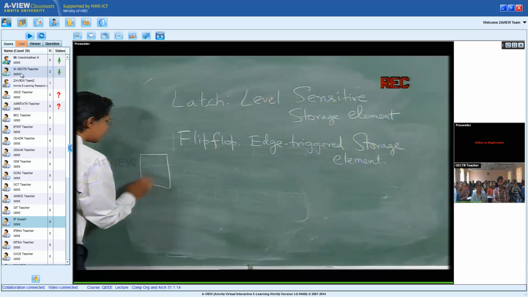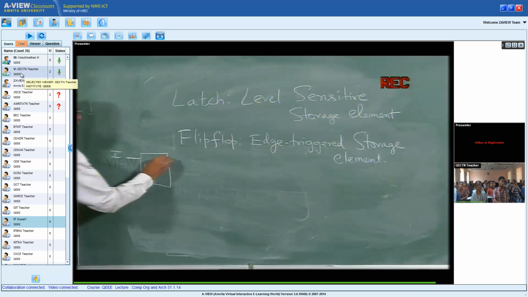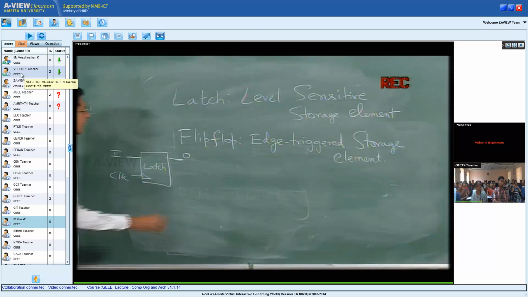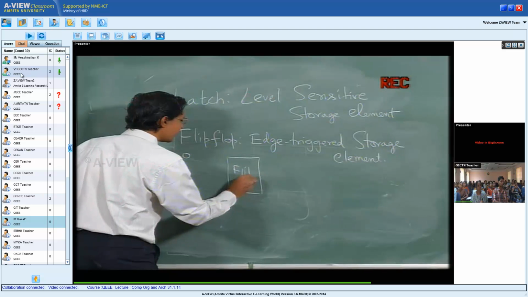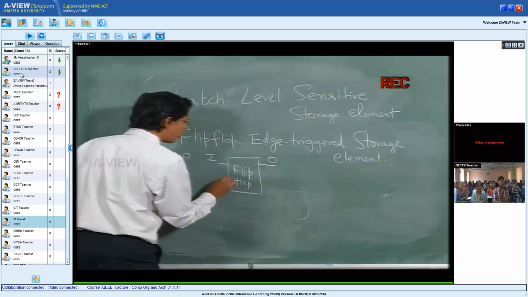So let me say this is a latch, and this is the input of the latch, this is the output of the latch, and this is the clock given to the latch. Similarly, let me say this is a flip-flop, this is the input given to the flip-flop, the output of the flip-flop, and this is the clock.